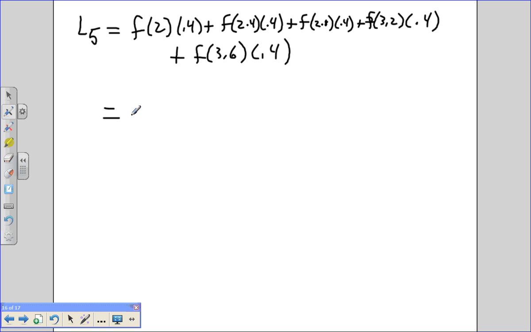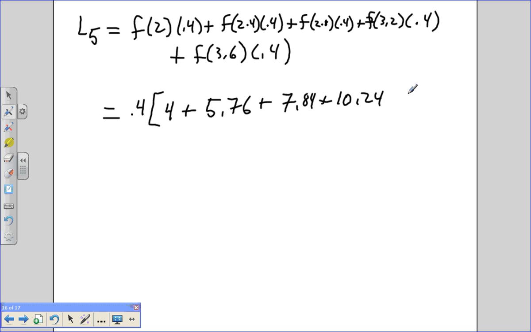We're going to factor out the 0.4 again. F of 2 is 2 squared, which is 4, and I can take my other numbers from my previous problem: 5.76, 7.84, 10.24, and 12.96.